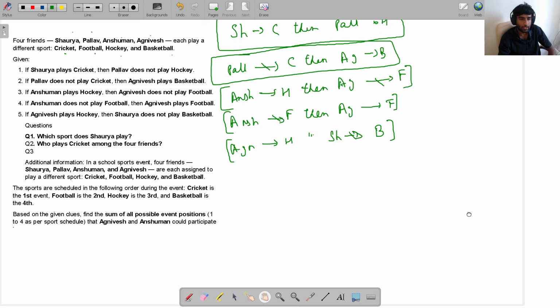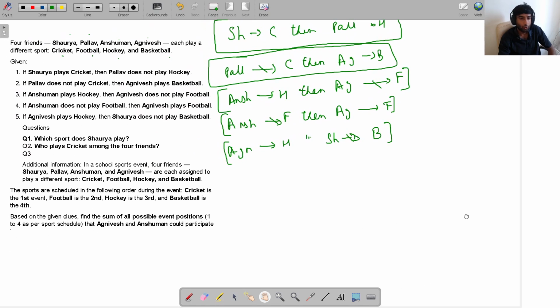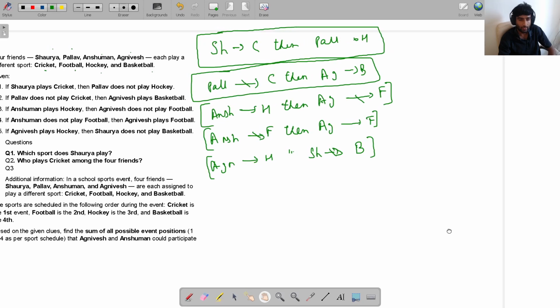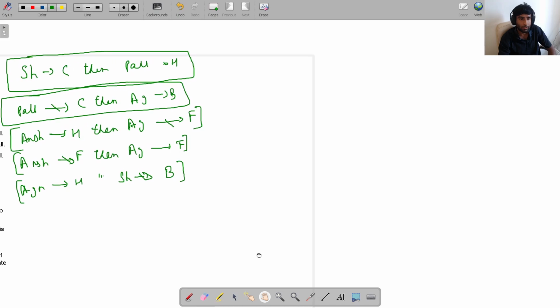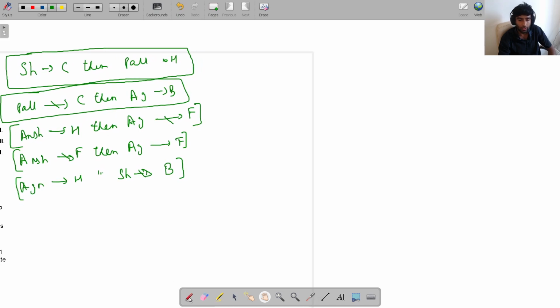The question asks which sport does Shaurya play, who plays cricket among the four friends, etc. So you can find out some specific values, and some are information which you need to deduce, or there are multiple possibilities. So let's have a look.